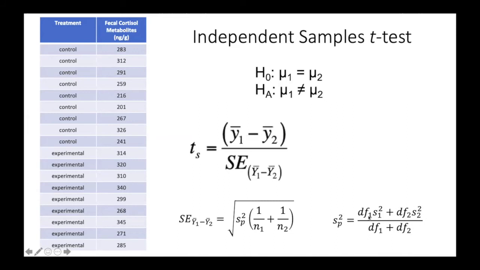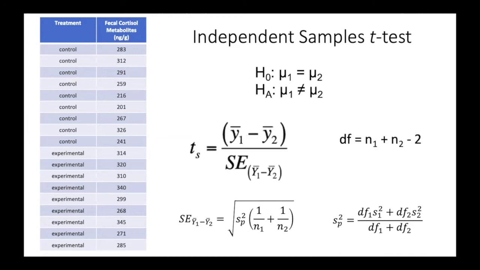So all we're doing here is using the degrees of freedom from the first and second sample to weight the variance from each sample based on how many observations came from the first sample and the second sample. So you can think of this pooled variance then as a weighted measure of the overall amount of variability that occurs within these two samples that we're trying to compare.